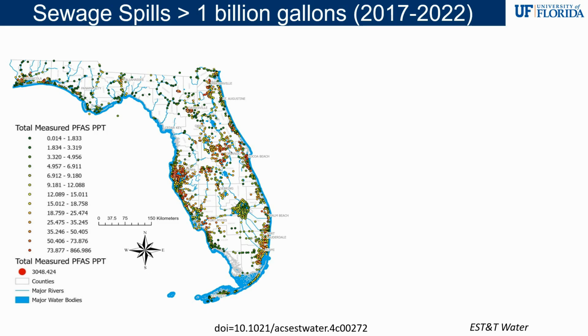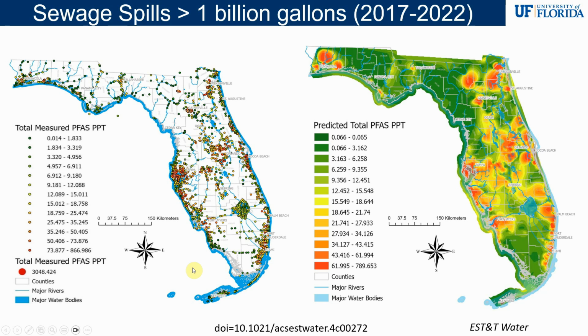This is another work by John Bowden, and this is looking at the distribution of PFAS in Florida. And there's the predicted total PFAS based on their measurements. Over 1,000 measurements they took throughout Florida, measuring many different PFAS. And then they found that there was about 1 billion gallons of sewage spilled accidentally in Florida, maybe from hurricanes.